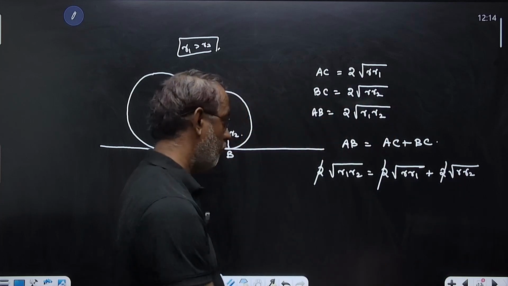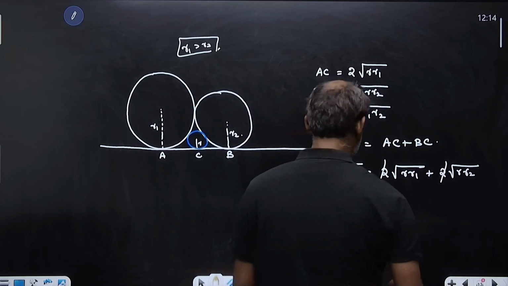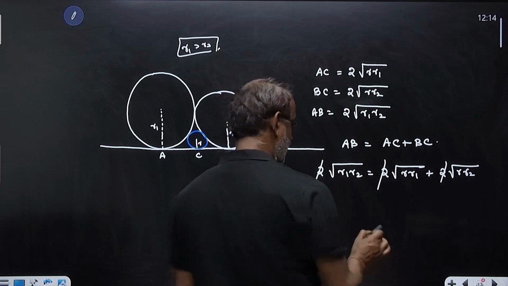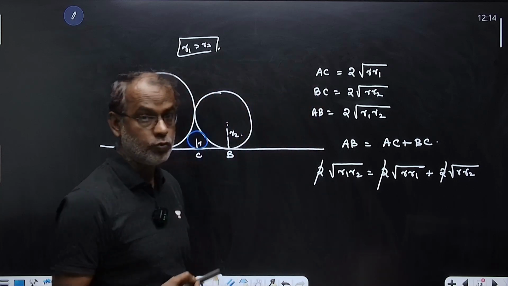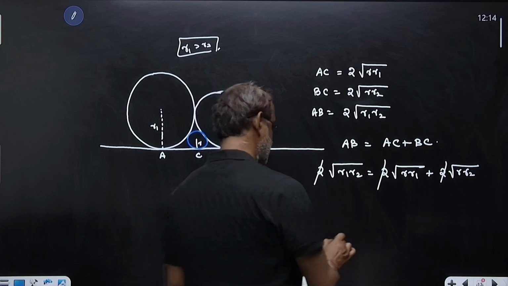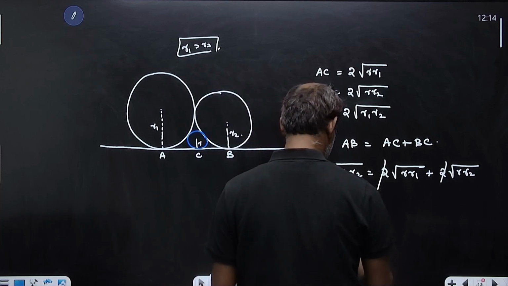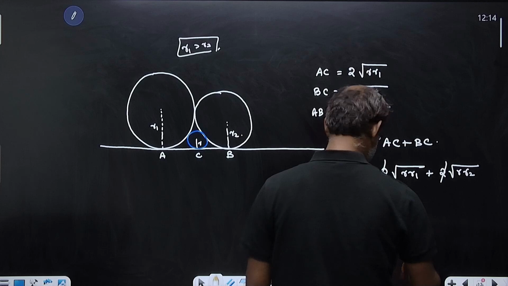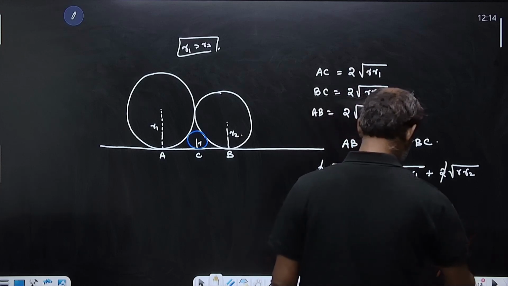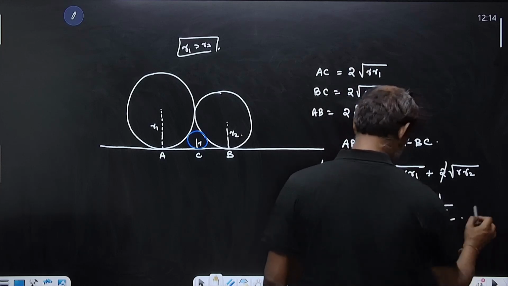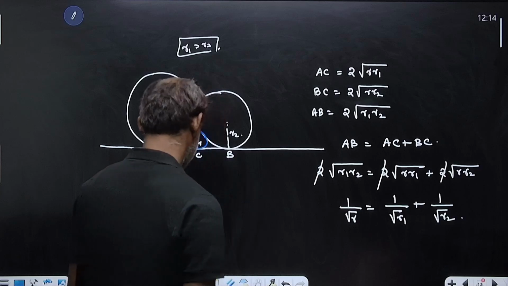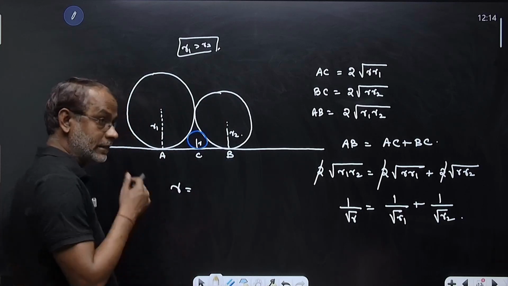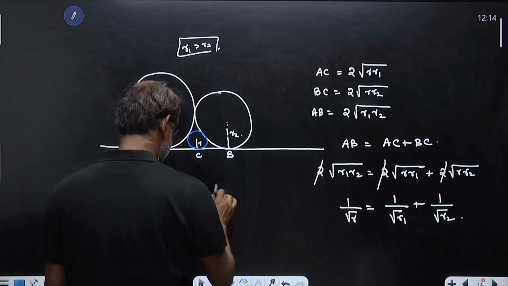We divide it by root R1 root R2, so what you will have is 1 upon root R is the sum of the reciprocals of the roots. So what is R? I think you can very easily see it.